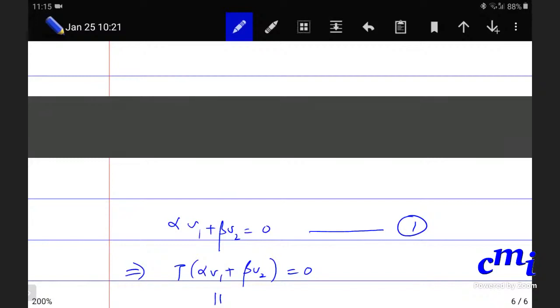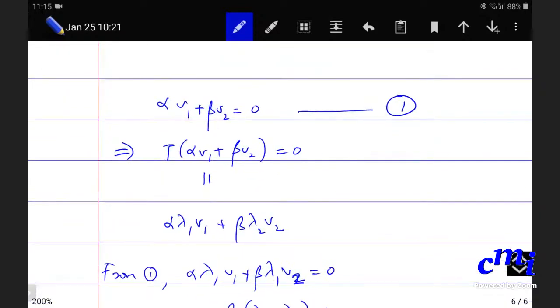So we could have alpha not equal to 0, but beta equal to 0. No, that would just say alpha v1 is 0, right? Yeah, I agree. For two vectors, it's slightly misleading because when we say linearly independent, we mean some coefficient is non-zero. But if there are only two vectors and one coefficient is 0, the other coefficient is non-zero, then that vector itself has to be 0, right?